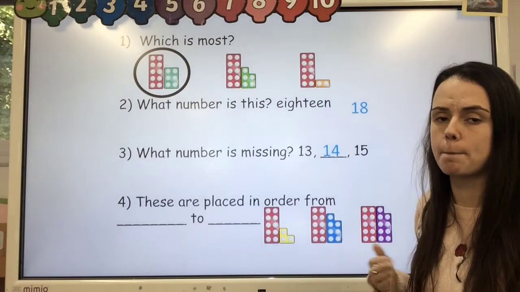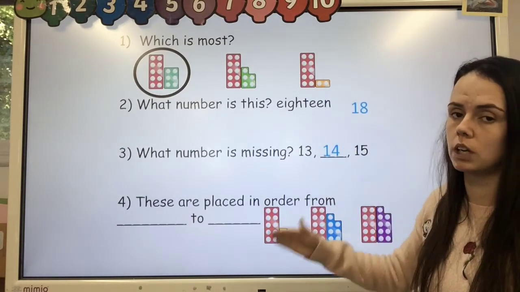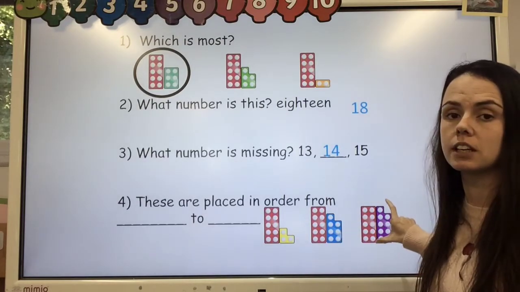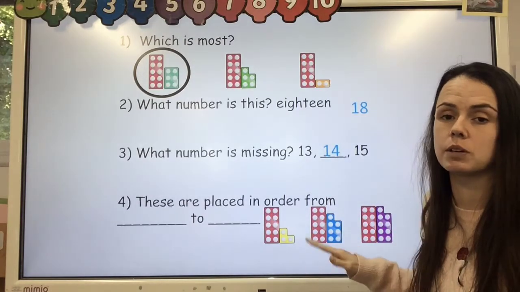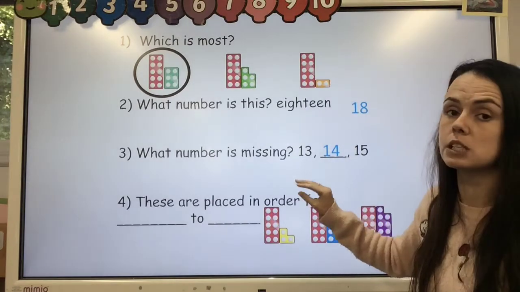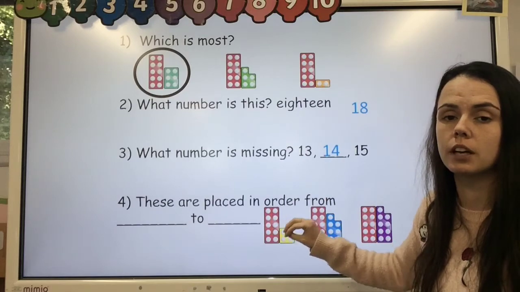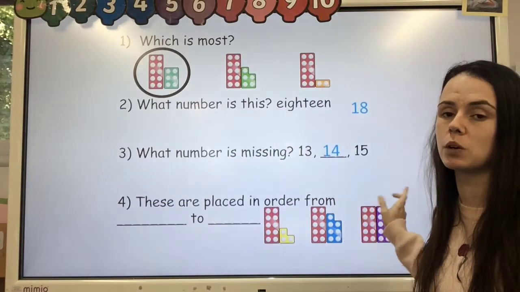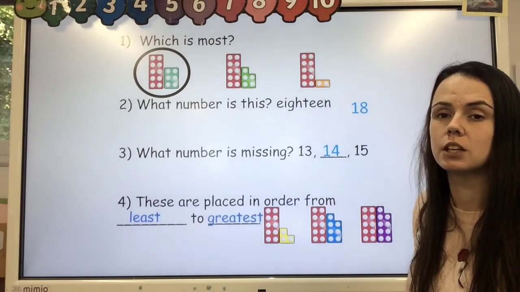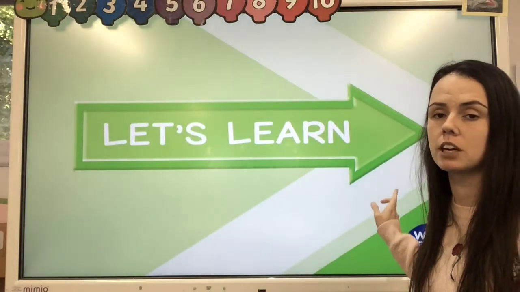Are my numbers getting bigger or smaller? They're getting bigger, fantastic, well done. So they are going from the smallest number to the biggest number, or from the least to the greatest. Well done, you worked really hard there.